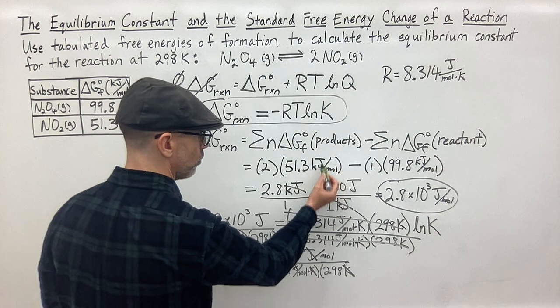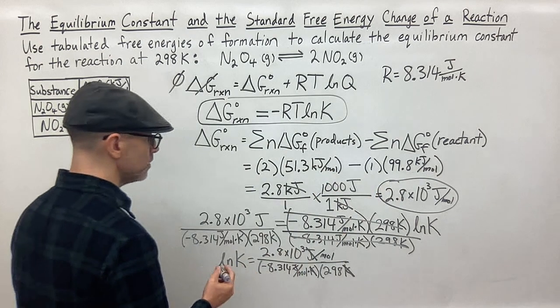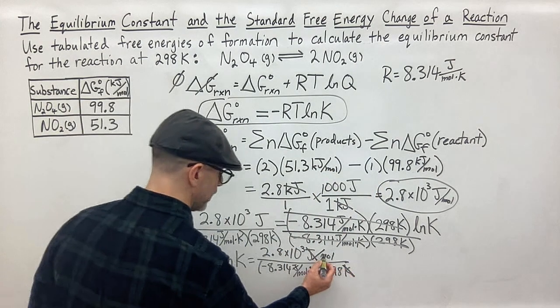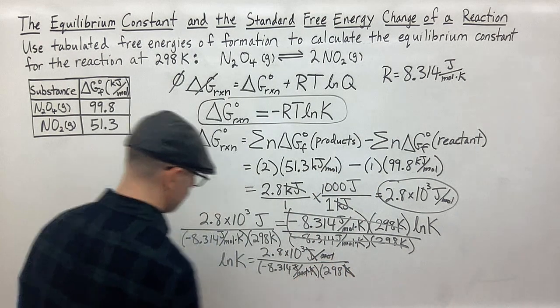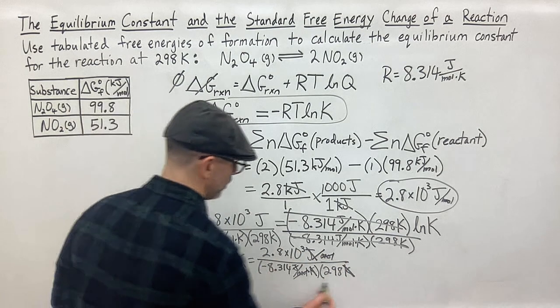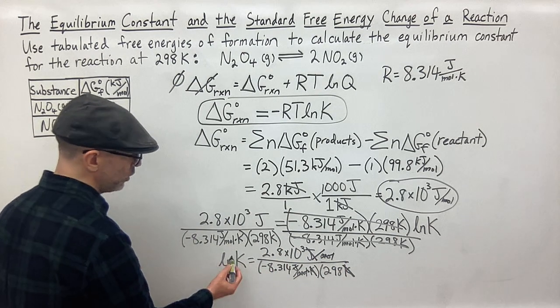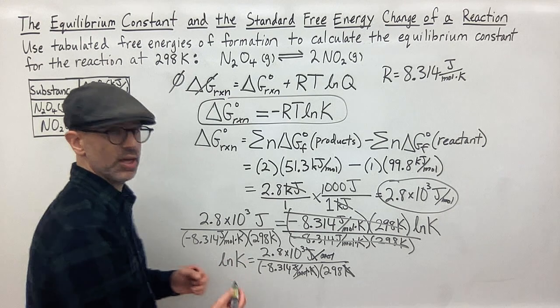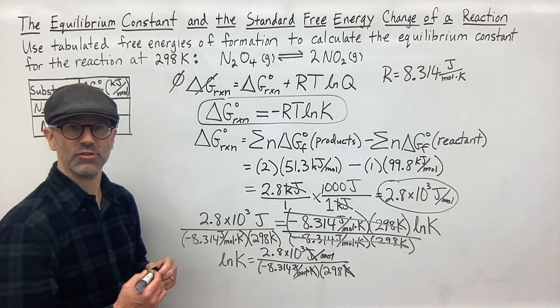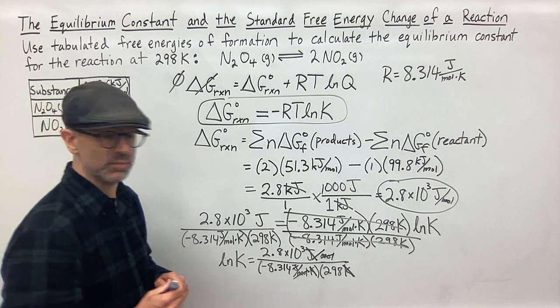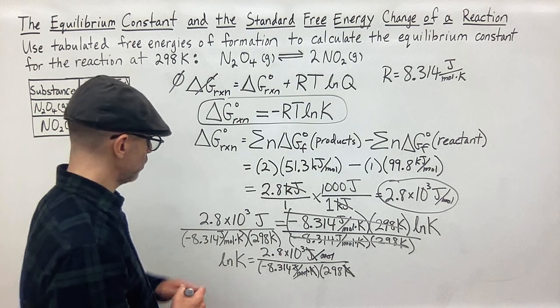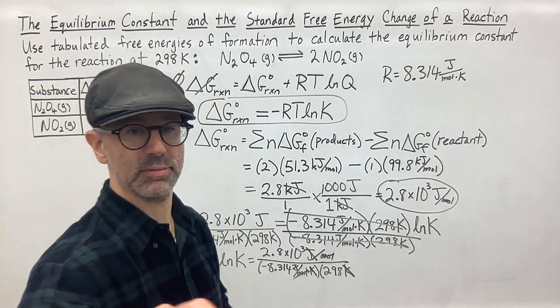So you have joules per mole, joules per mole. Okay, so the moles are going to cancel out here. So now it's unitless because everything cancels out, which is what we would expect for K value, because K values are unitless. Okay, so let's go ahead and calculate this out.